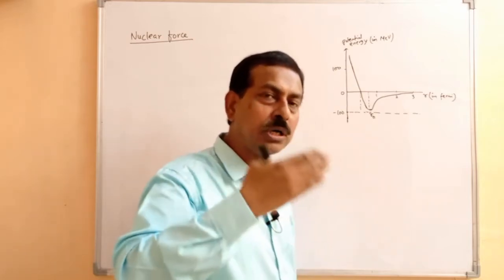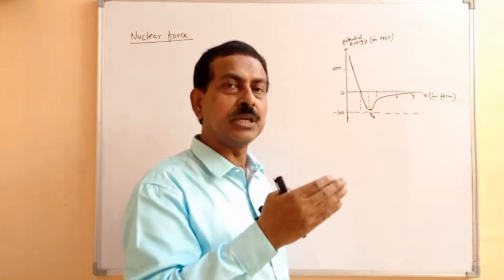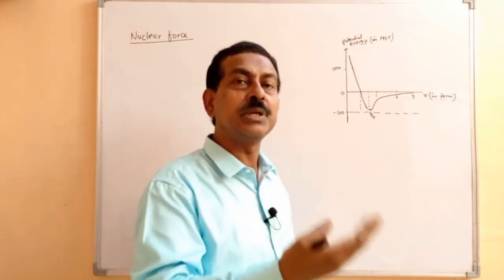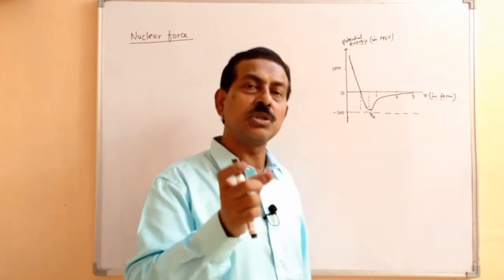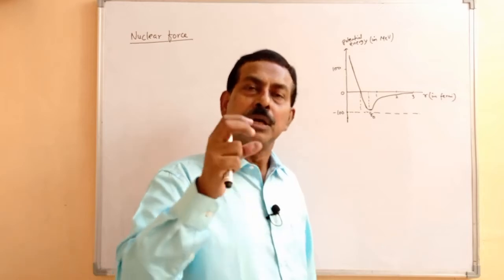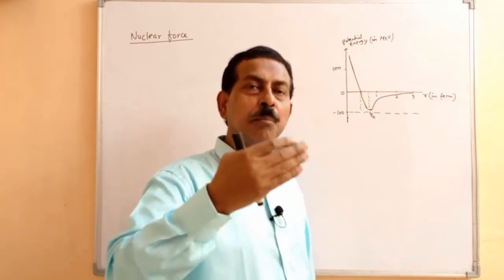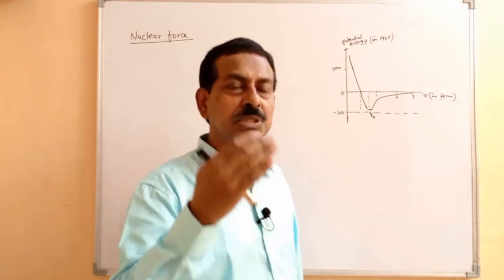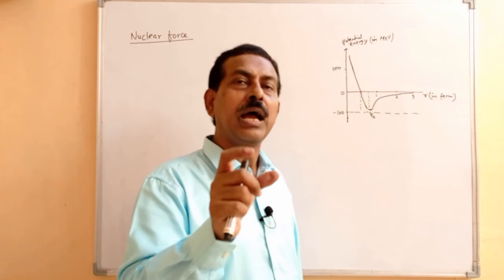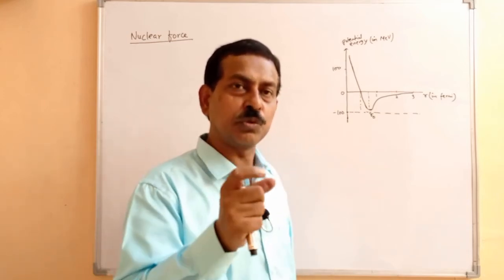So beyond a particular separation, if you decrease it further, the force becomes repulsive. This is the reason why, even though the force between two nucleons is attractive, they do not combine and fuse together. There is a boundary which prevents them from fusing. That means a separation is maintained, and the nucleons stay at a particular separation in the nucleus.